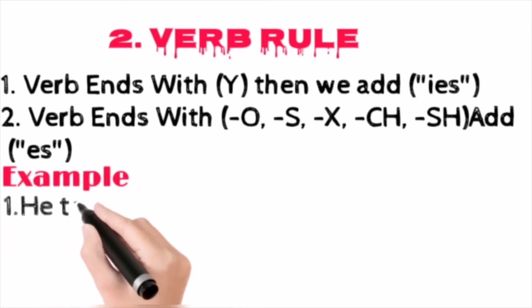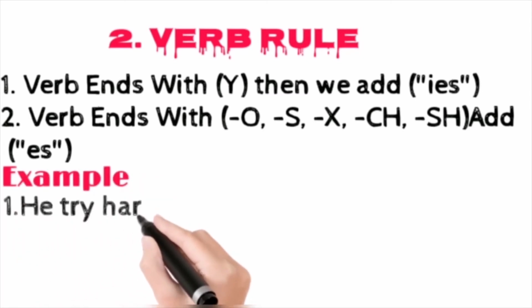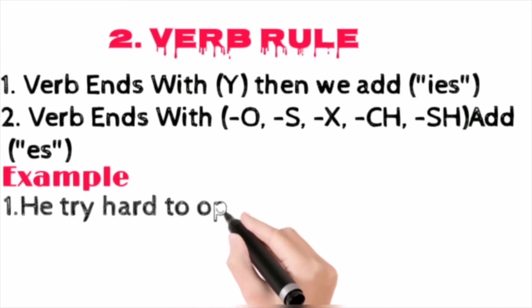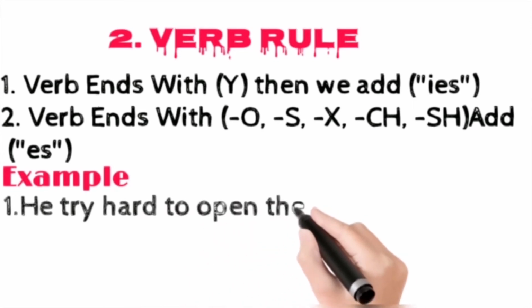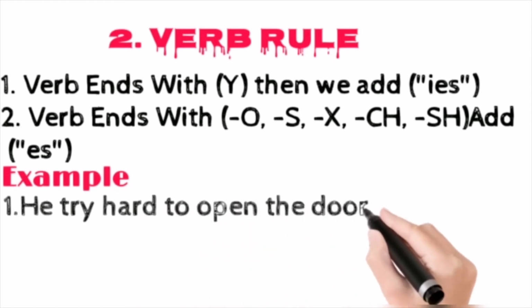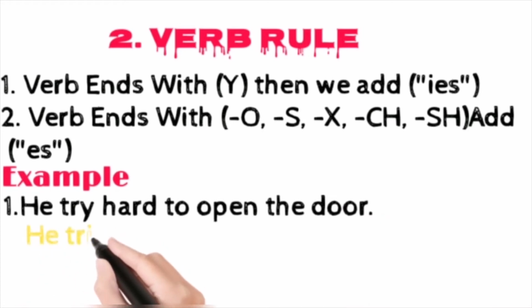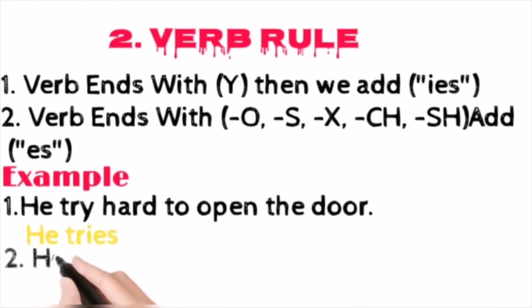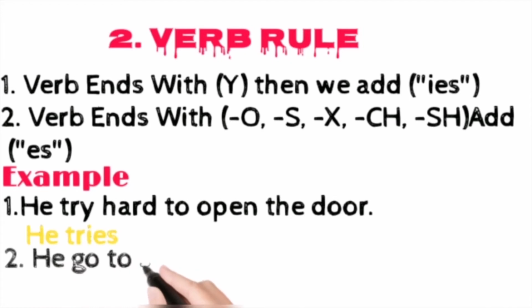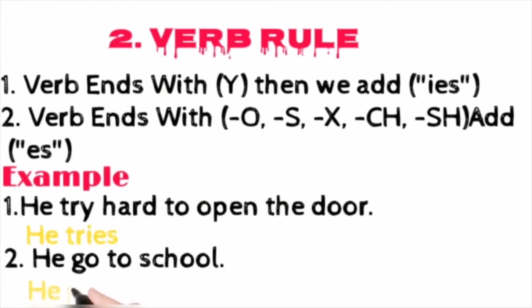With the example, we will better understand. He tried hard to open the door. So it's wrong. We have to add ies as there is the y. He tries hard to open the door. Number 2, he go to school. No, it's incorrect. We have to add es after go. It's he goes to school.